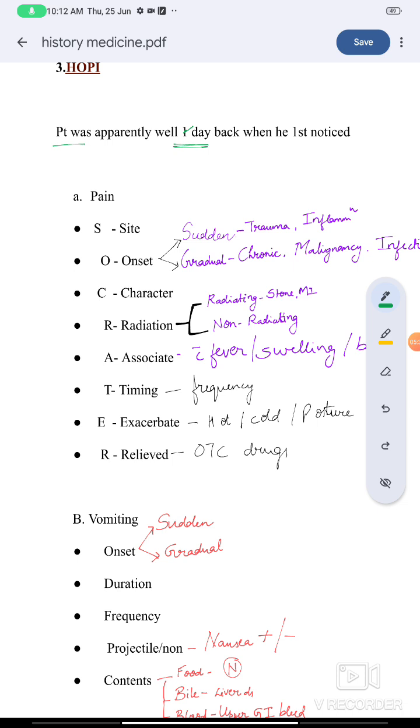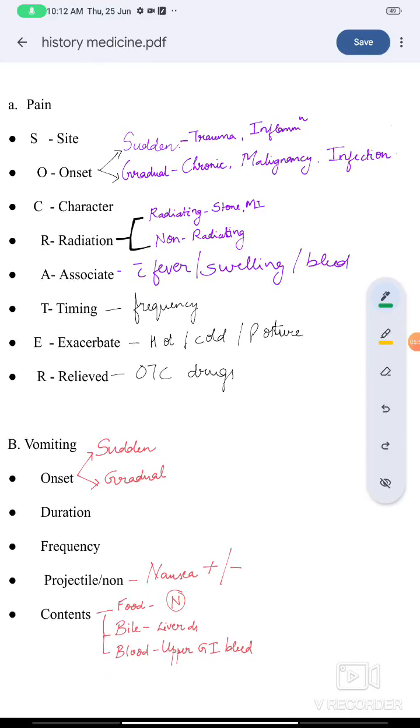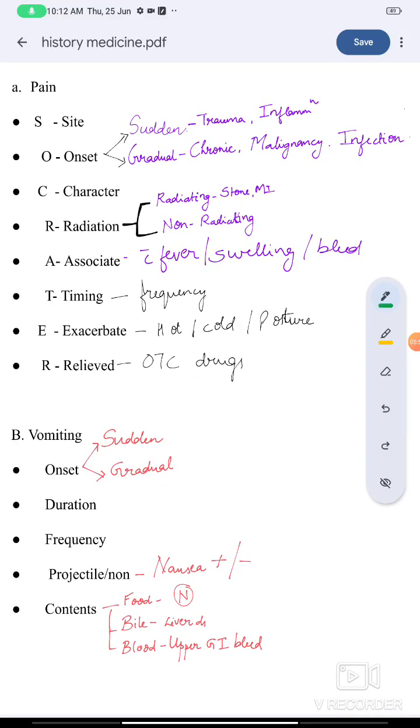Then whatever complaints the patient has told you in the chief complaint, you have to describe the complaint one by one. Some of the complaints I have noted down here so that it is easier for you to ask the patient and to present a better HOPI in your exams.